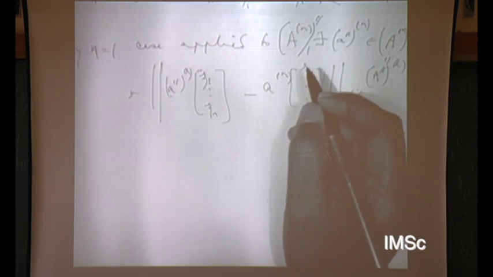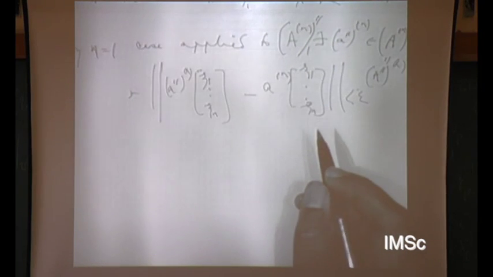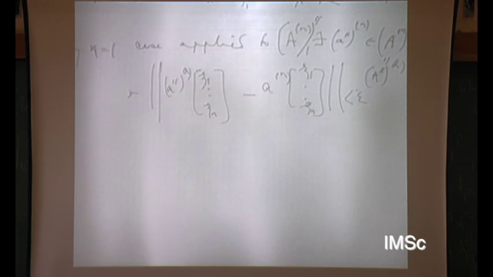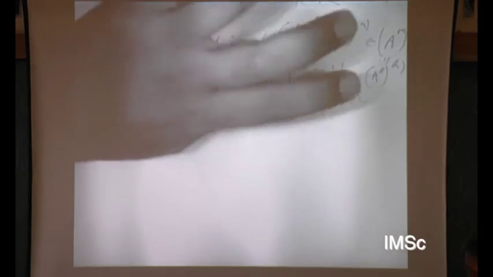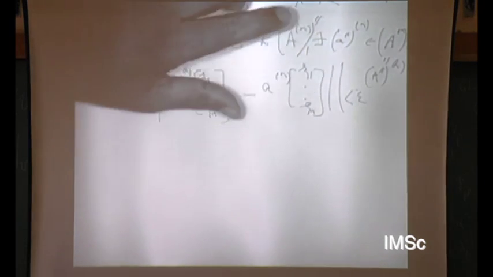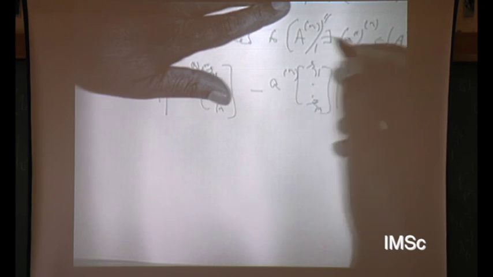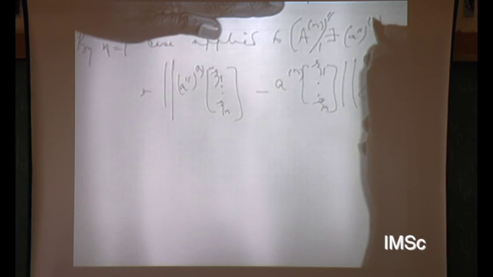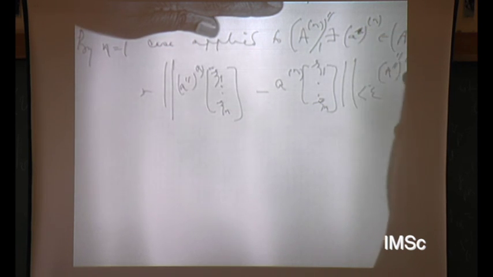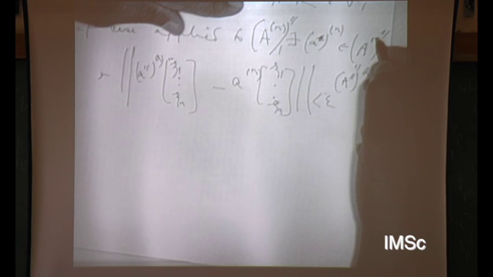What does the n equals 1 case say? You take any star algebra A and you take any vector in A double prime, you can approximate that at any one vector by something in A as close as you want. So I should have said there exists this A_n in A_n.